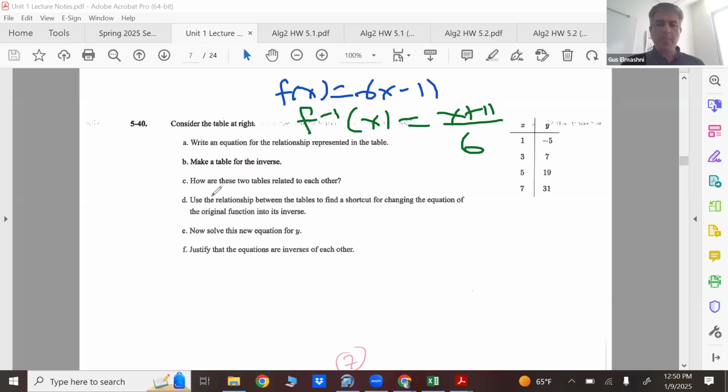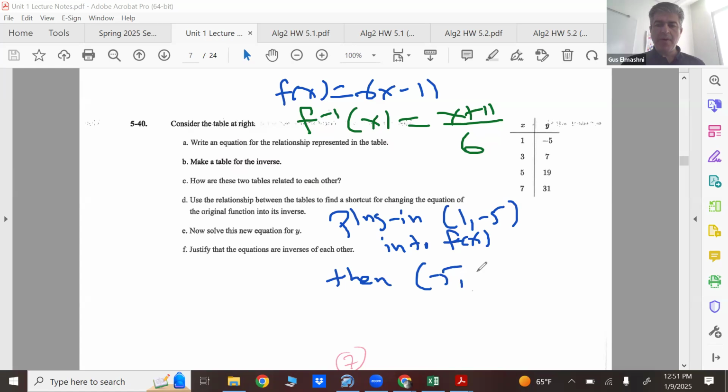So what we could do is plug in 1 comma -5 into f of x, then -5 comma 1 into f inverse of x. So if it works, then you know they're inverses because you reversed it, right?